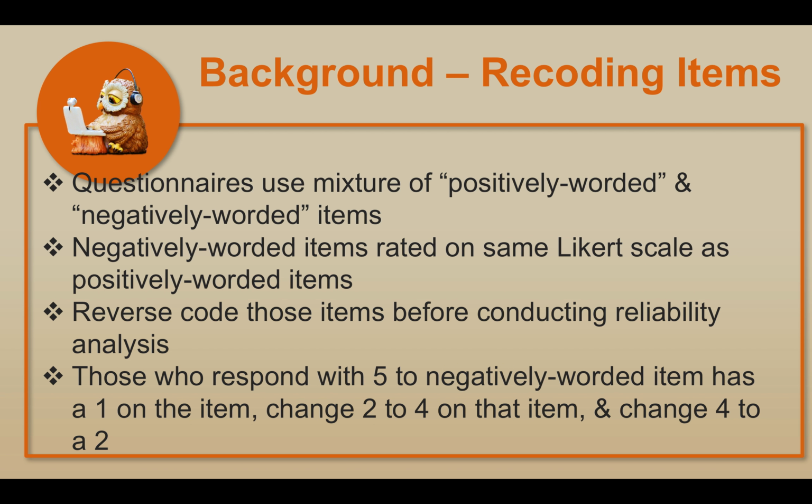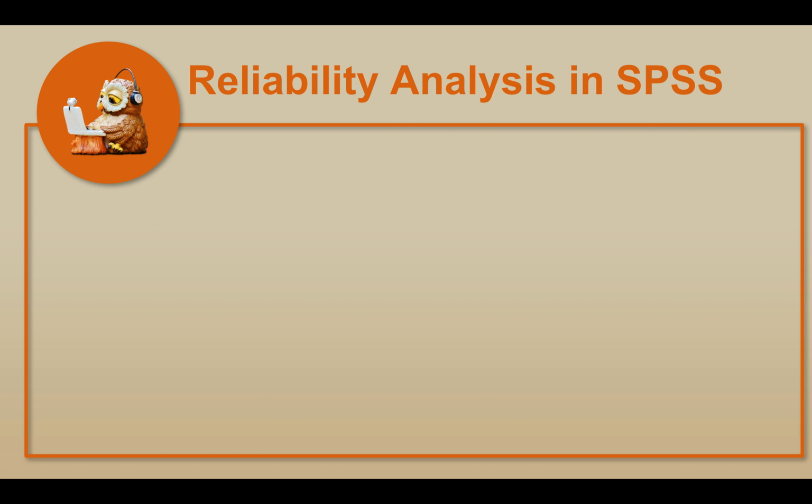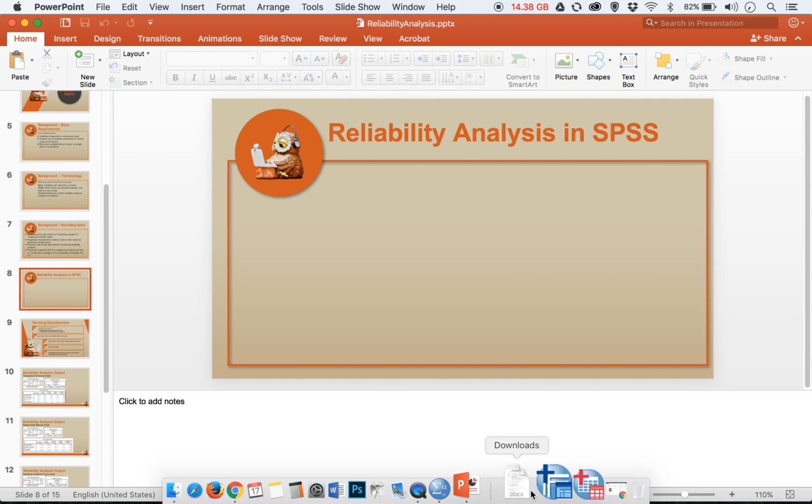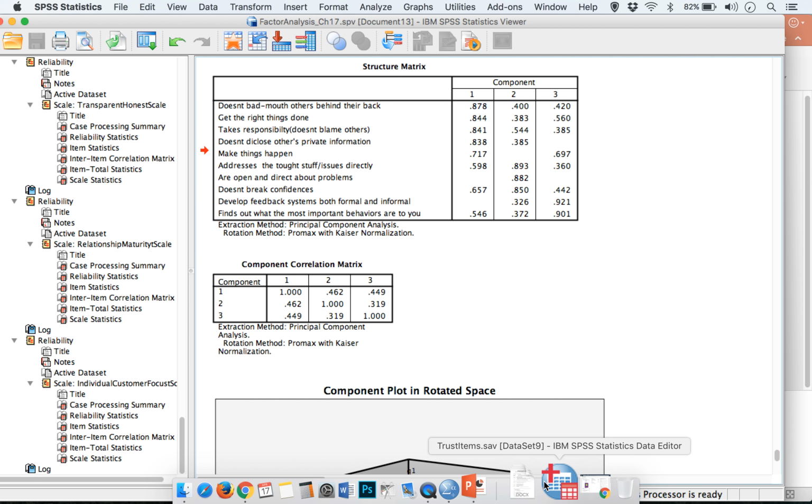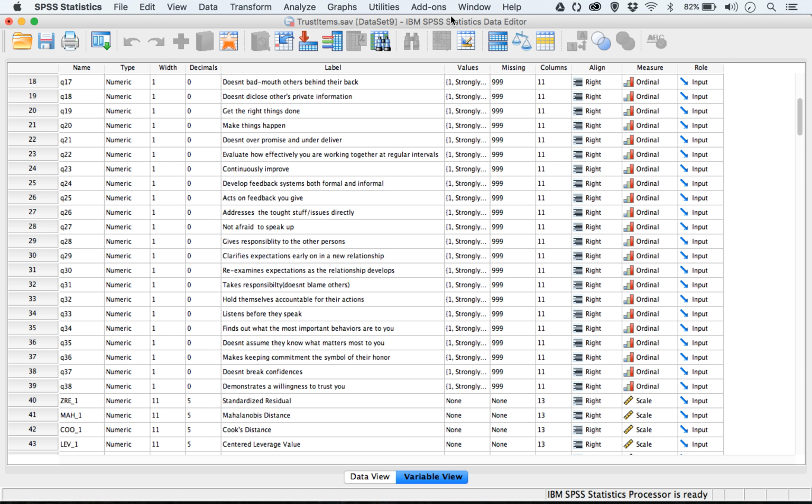I'm very fortunate that in the survey I've done, I already did all of that recoding before I even did my factor analysis, to make life much easier when doing the factor analysis as well as the reliability analysis. So let me walk you through what you do with the SPSS file now that you have the content. So here we have the SPSS file.